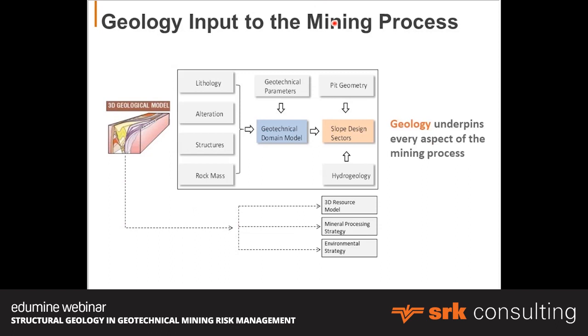And also, very importantly, into the geotechnical design. The lithology, alteration, structures, and information about all the discontinuities in the rock mass get summarized into what we call a geotechnical domain model. That domain model then is the input into your slope or your underground design.